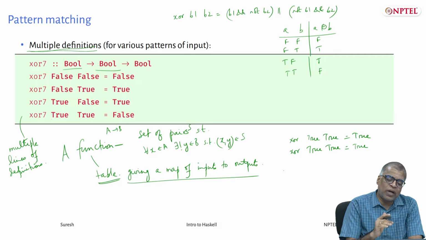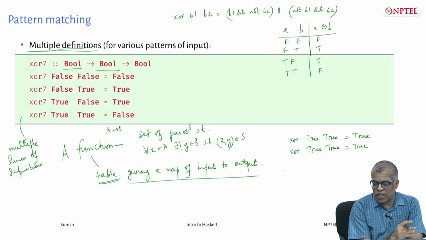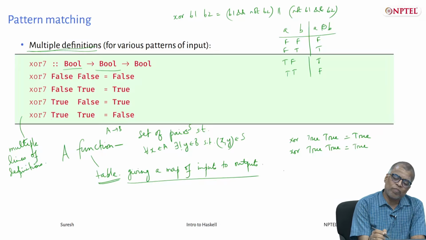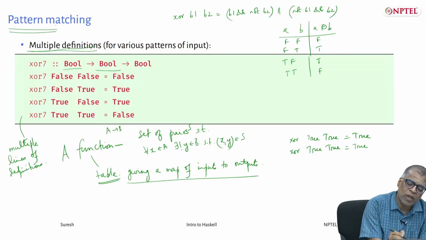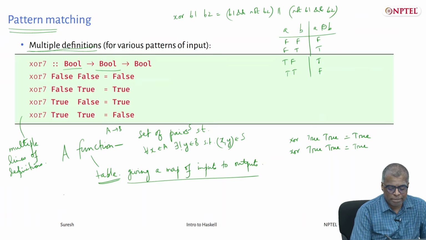But the important point here is that you can write a definition of a function as just a table mapping input combinations to outputs, and we call this pattern matching because False and True are two patterns for Bool.